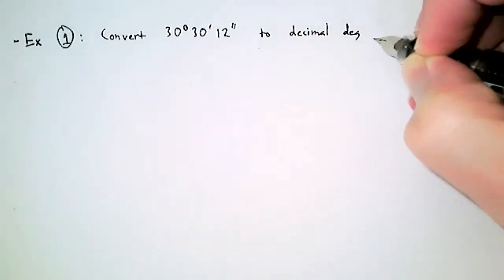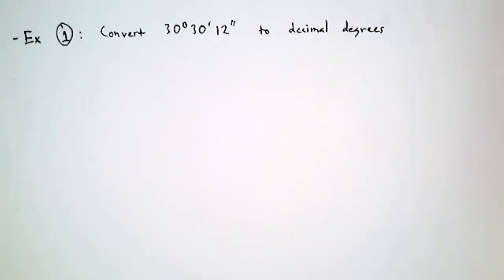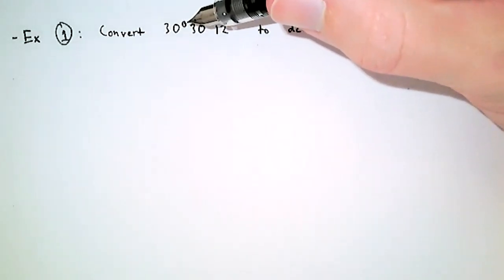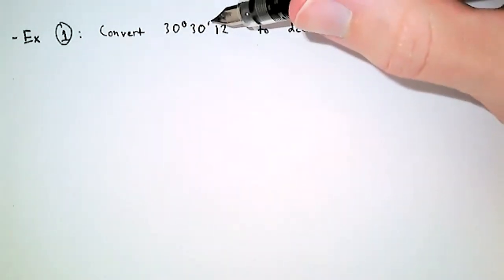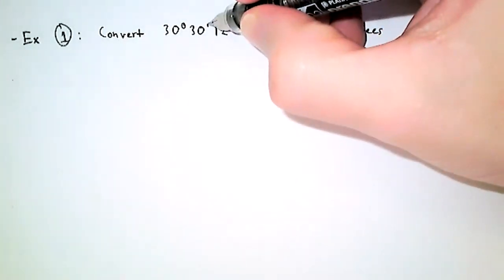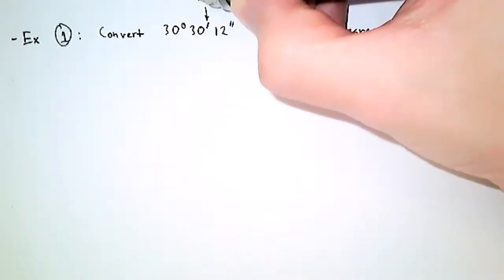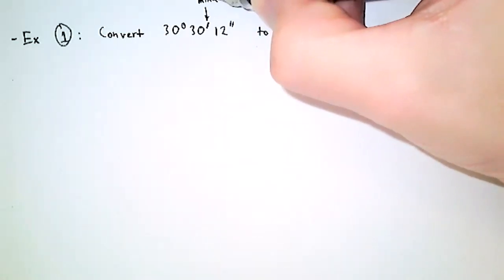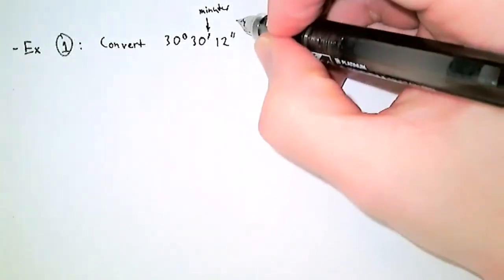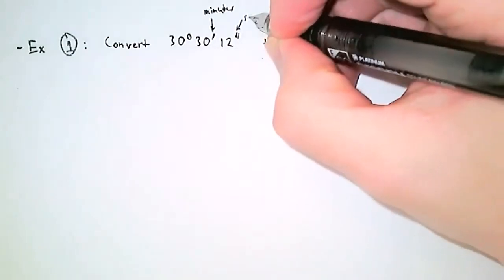And I've written a couple things there that I haven't explained yet, but I named them as I was writing them. So you already know this symbol. This little circle means degrees. This symbol, well, you might have seen it talking about time. This symbol, it's one single apostrophe. That refers to minutes. And the double apostrophe, also known as a quotation mark, that refers to seconds.